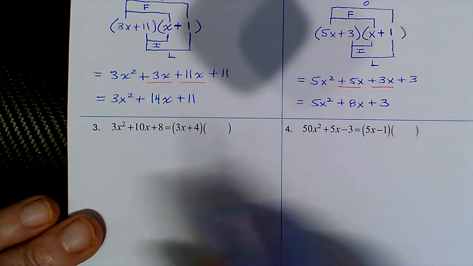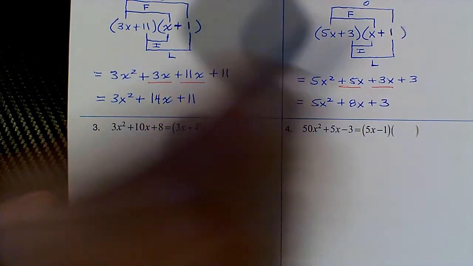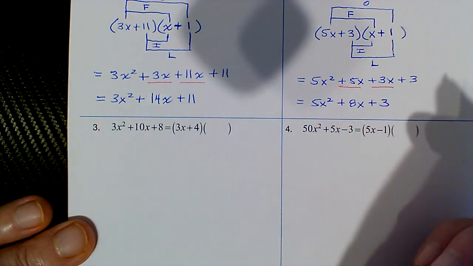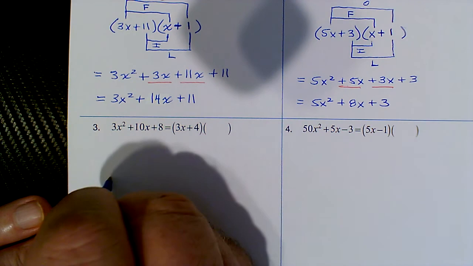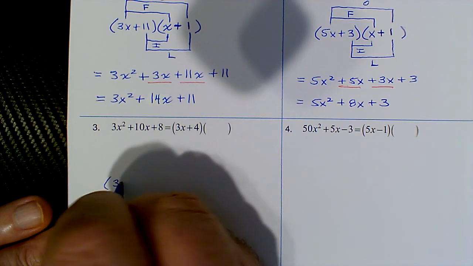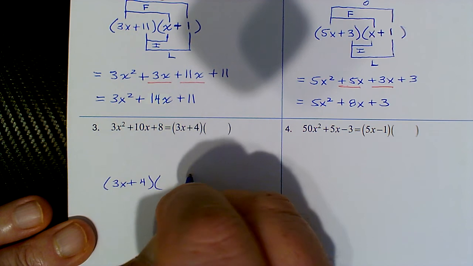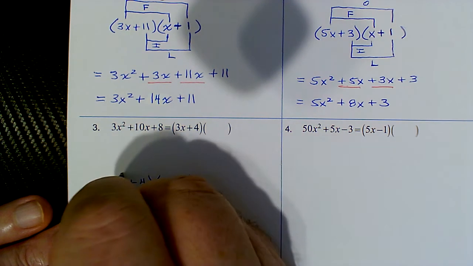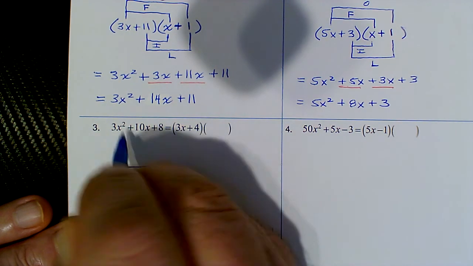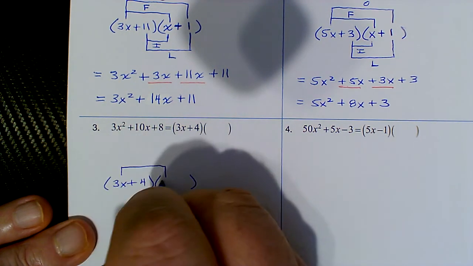Okay, so again, we're given a situation where there's not much of a choice. They're telling us 3x plus 4 is a factor. And for the product of the first to give us 3x squared, we need an x again.